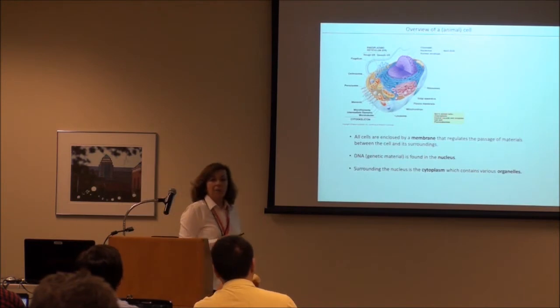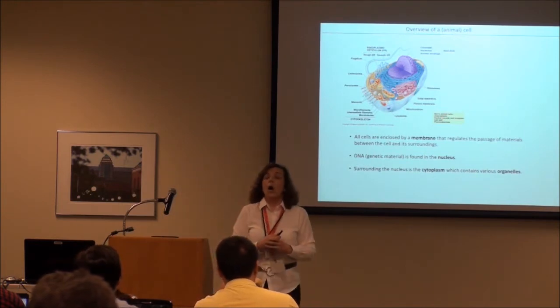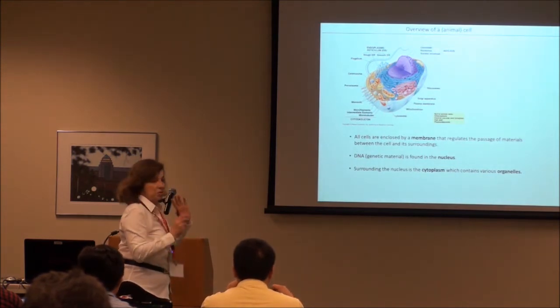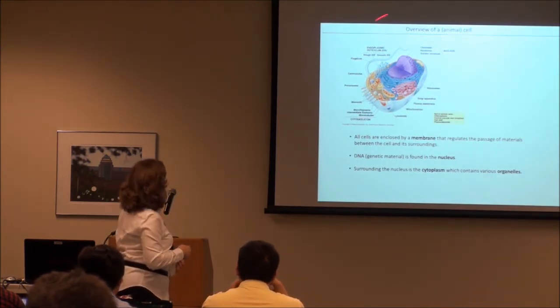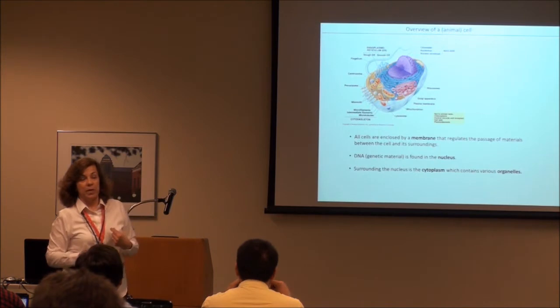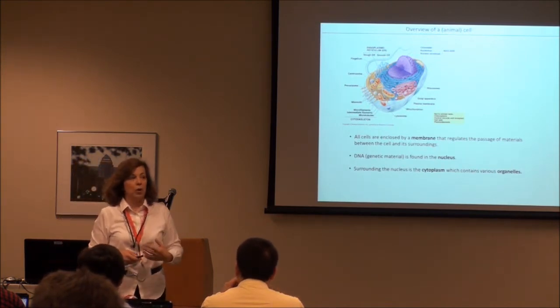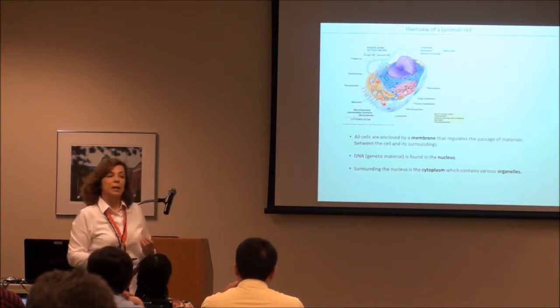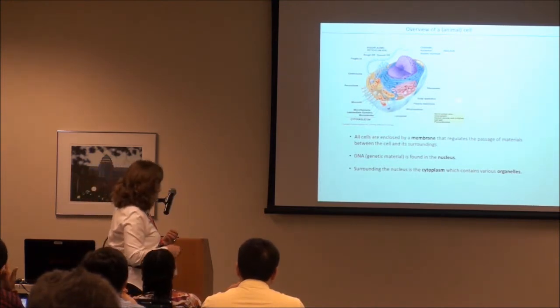We don't have time, but just to remind you how complex each cell is. This is a general structure of an animal cell. Why do I emphasize animal? Because if you ever work with plants, you'll see that there are some basic differences between plant and animal cells.